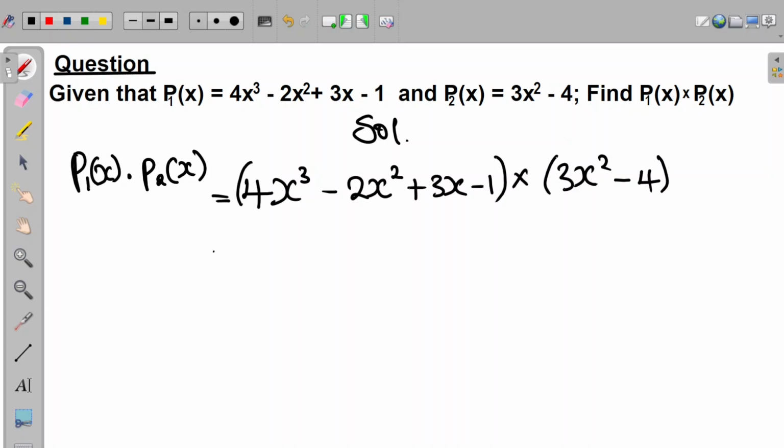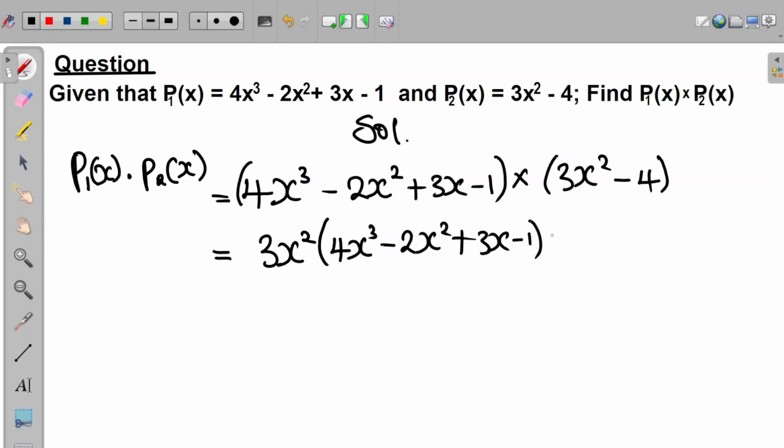So at this point, the expression becomes 3x², open up a bracket, multiplied by (4x³ − 2x² + 3x − 1). Also, we have it that minus 4 multiplied by (4x³ − 2x² + 3x − 1).